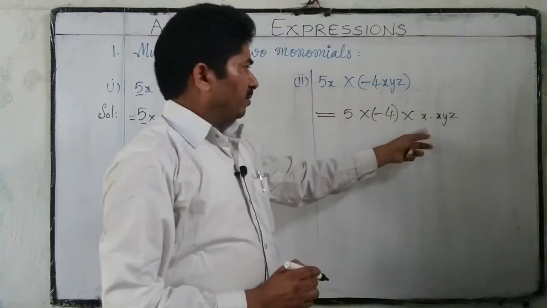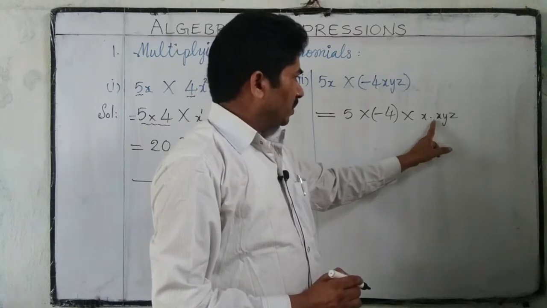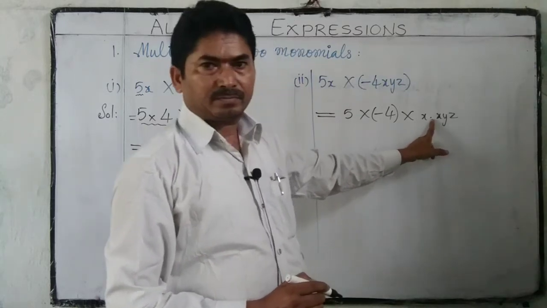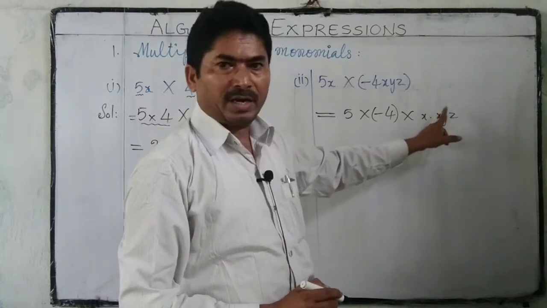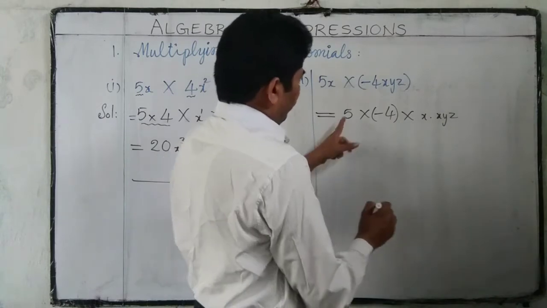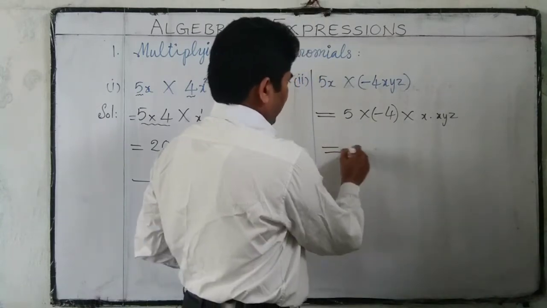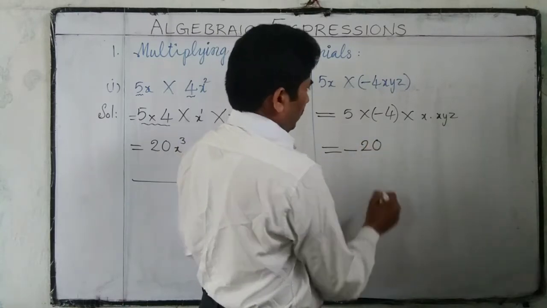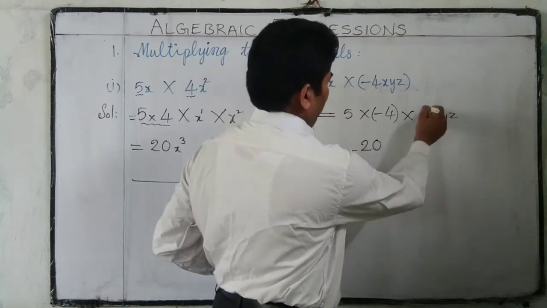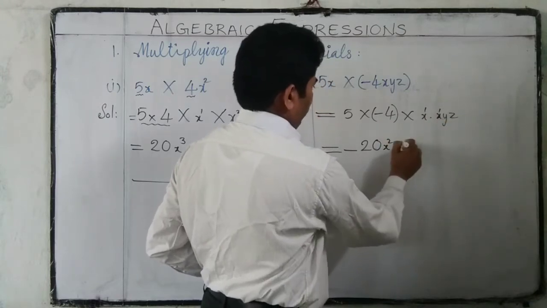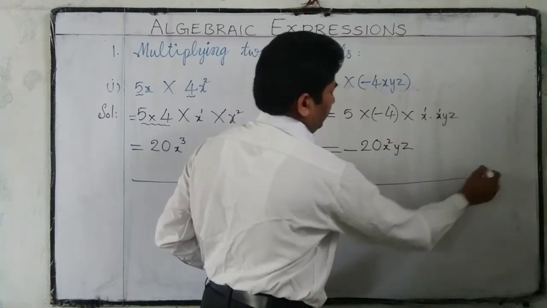If there are variables, we can keep a dot to indicate multiplication. Plus into minus is minus, 5 fours are 20. X into x square, yz. So this is the answer.